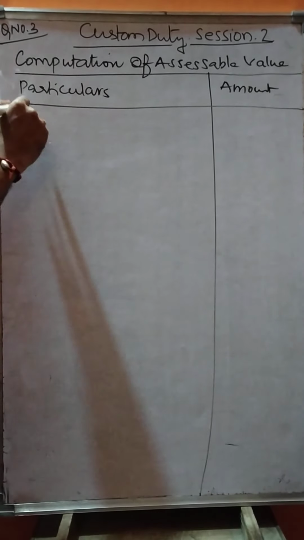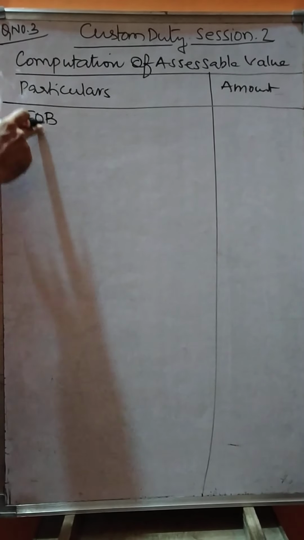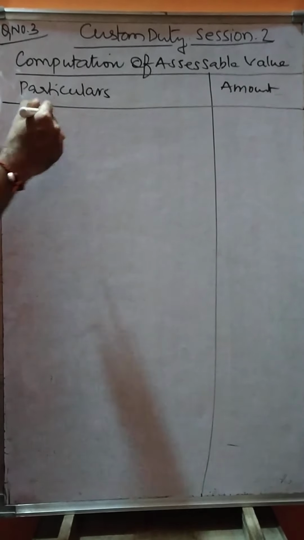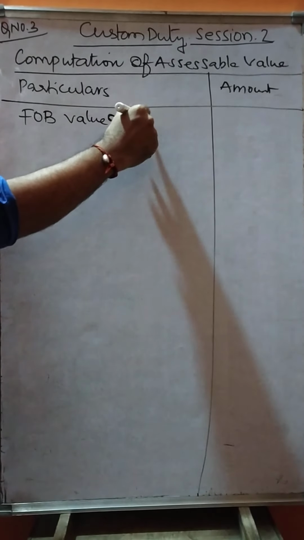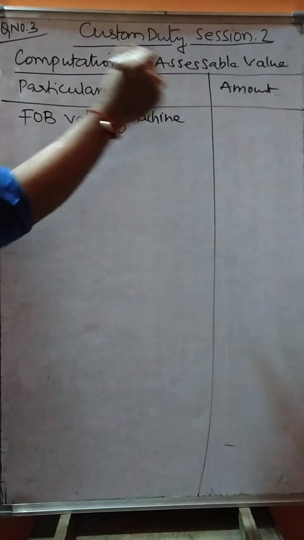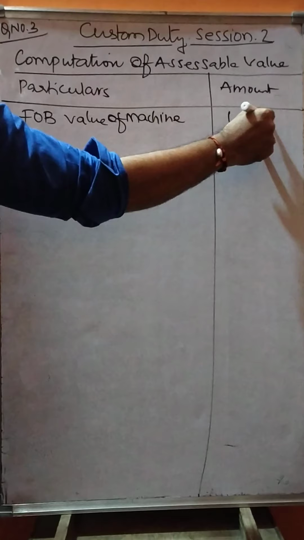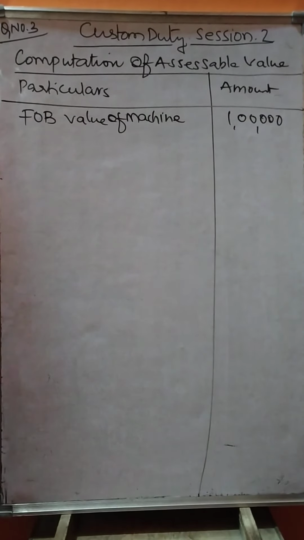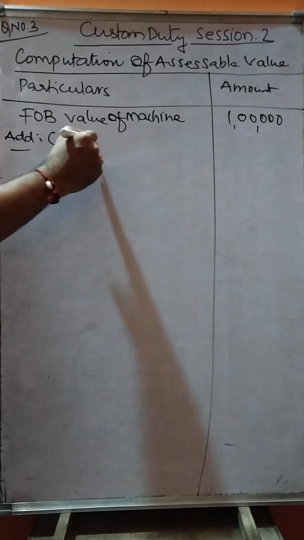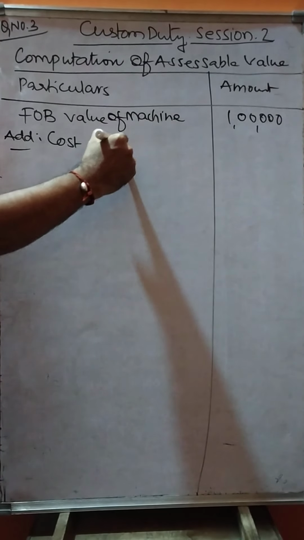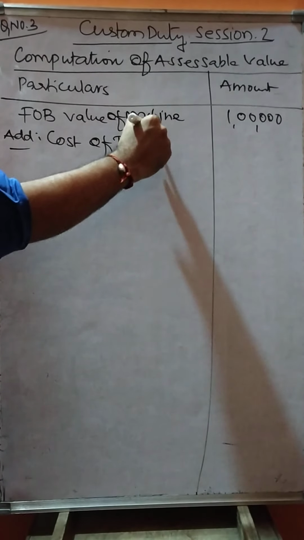First let us take FOB value of machine. If it is not given, we need to determine this, but it is luckily available in the question. Directly take this. FOB value of machine. How much is it? Given as 1 lakh US dollar. We are taking as it is 1 lakh US dollar. For this we are adding cost of insurance, transport and loading unloading charges.